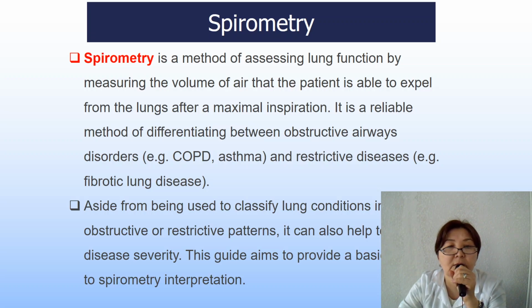It's a reliable method of differentiating between obstructive airways disorders and restrictive diseases. Aside from being used to classify lung conditions into obstructive or restrictive patterns, it can also help to monitor disease severity.